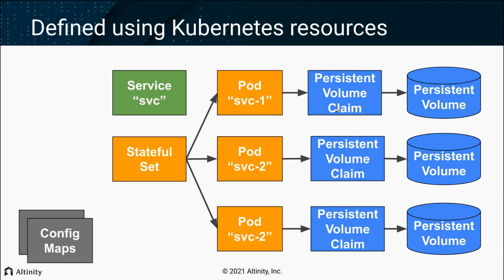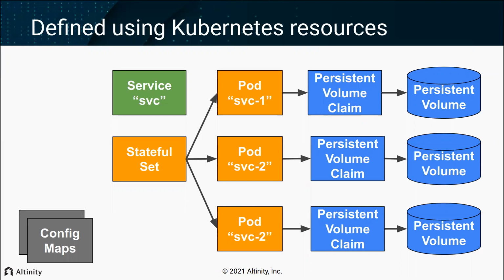Then there are these things called persistent volume claims. A persistent volume claim is a request to have a certain amount of storage, like, hey, give me 25 gigs of storage on Amazon EBS. And then that maps to an actual allocation of storage, which we call a persistent volume.